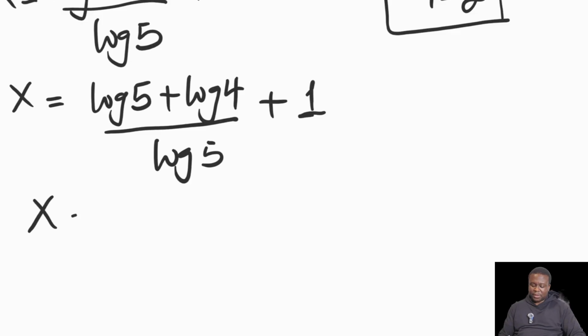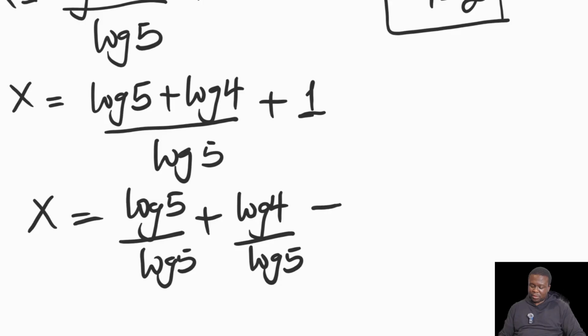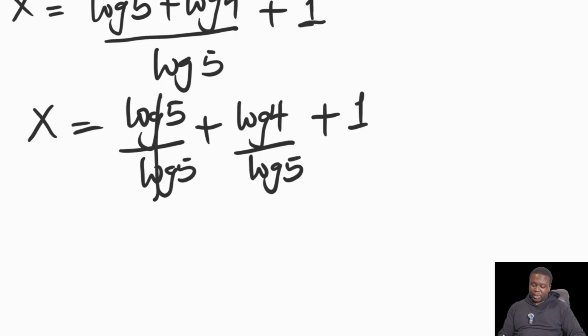Now let's write them out separately: log 5 divided by log 5, plus log 4 divided by log 5, plus 1. If we divide through here, we have 1. So now we have x is equal to 1 plus 1, which gives us 2, plus log 4 divided by log 5. 4 is the same thing as 2 squared.